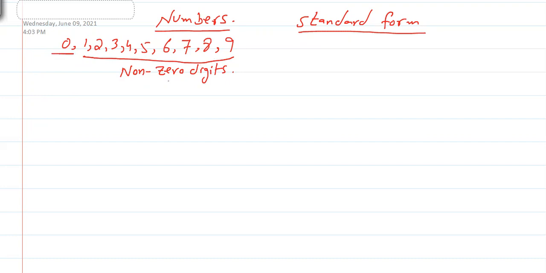Okay. When we write any number in the standard form, in physics you might use the word scientific notation. Sometimes it's called scientific form. Now, whenever we have to write any number in the standard form, the decimal is always after the first non-zero digit from the left side.